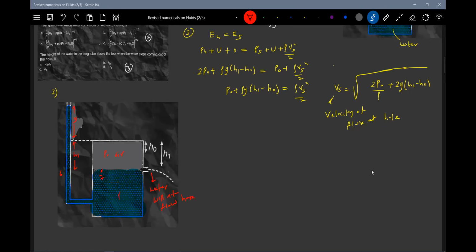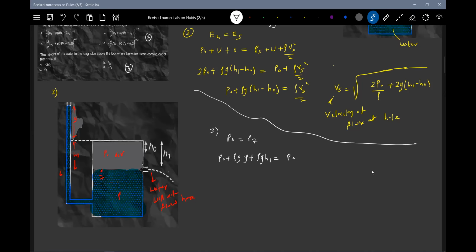So the density of liquid, let it be rho. Now we'll start the manometric equation. Pressure at 6 should be equal to pressure at 7. Third part of the problem. Pressure at 6, P naught plus rho G y plus rho G h1, equal to P naught. So y equals minus H1, I'm getting.